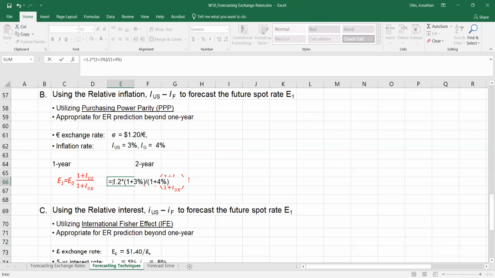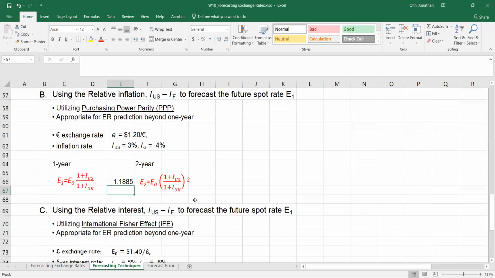If German inflation is higher, then without even calculating, what do you expect for the exchange rate? Based on PPP, it should be weaker, right? So your answer is 1.1885. Because of higher inflation in Germany, the euro is expected to depreciate next year.